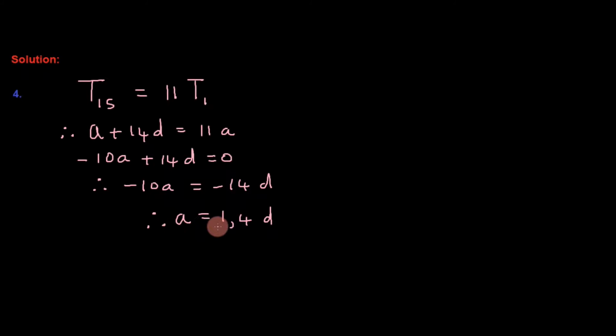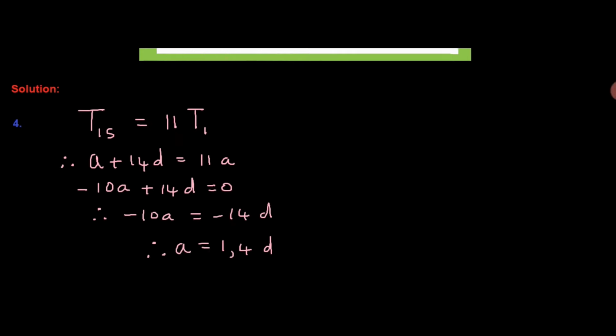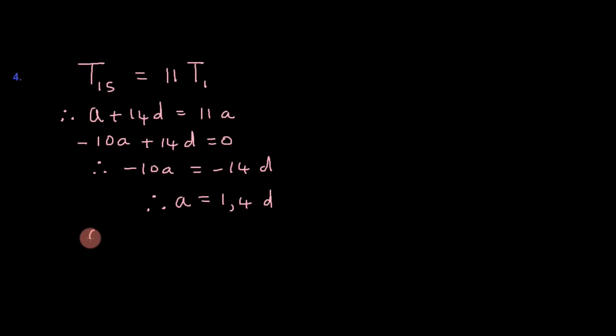So a equals 14/10 d. Now, we are also told that the common difference is 5, and we must find the first term. In other words, d is equal to 5, and we must find a. So, since d is equal to 5, we can substitute it into here, and we get a is equal to 14/10 times 5, which of course is 7.